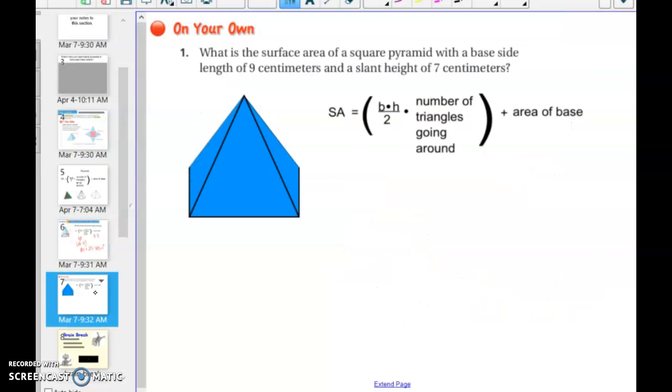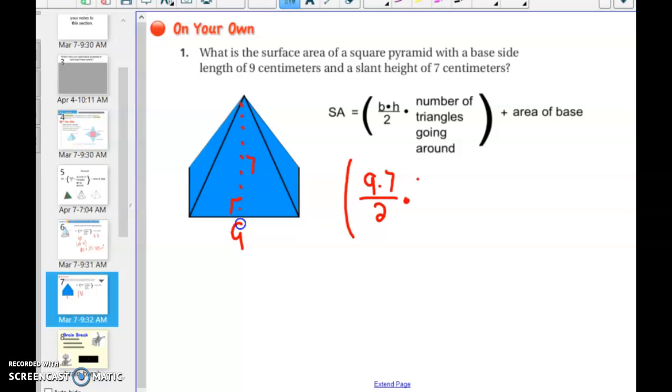All right, you can pause the video and try doing this one on your own, but I'm going to help you out a little bit. This is a square pyramid again. It has a base length of 9, and it has a slant height of 7. So I would do 9 times 7 divided by 2 for the area of one of those triangular faces.